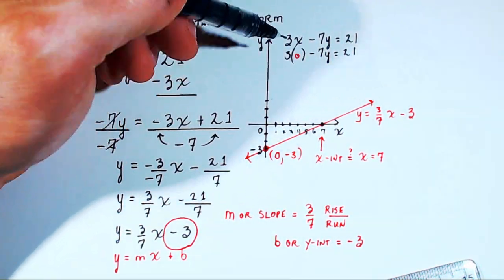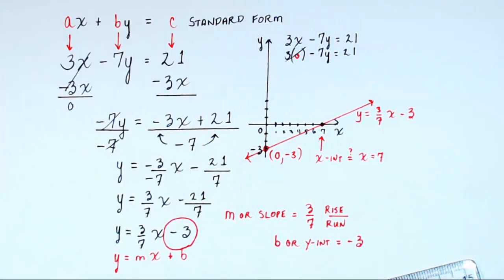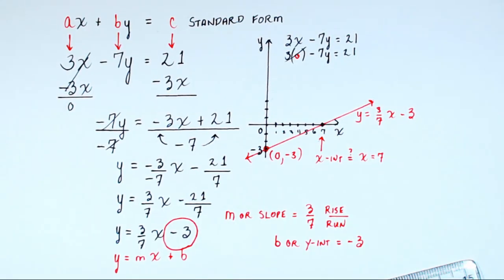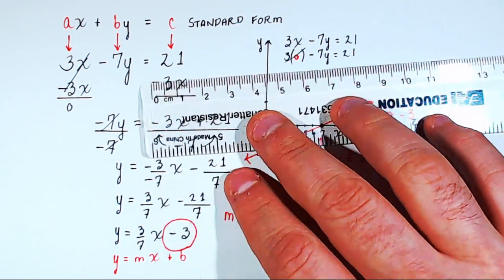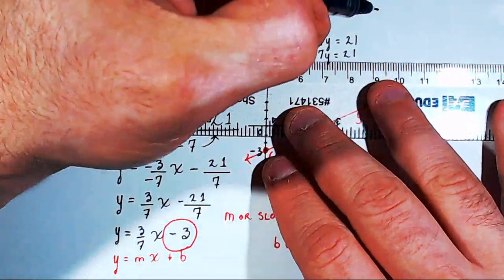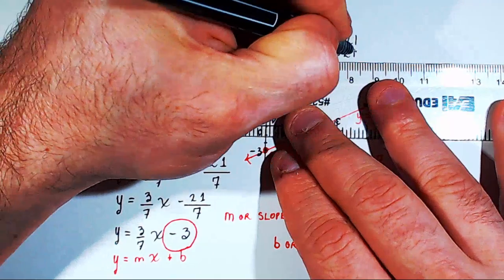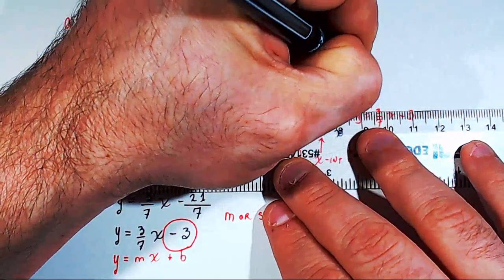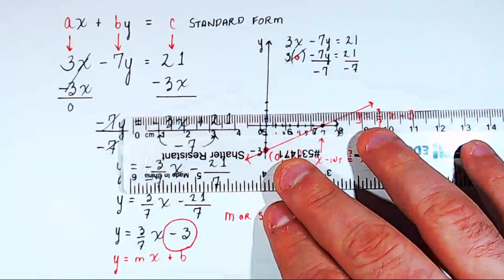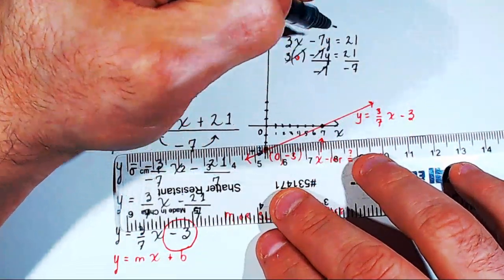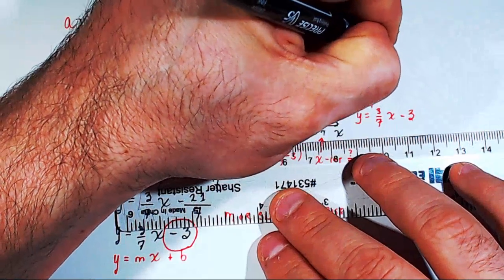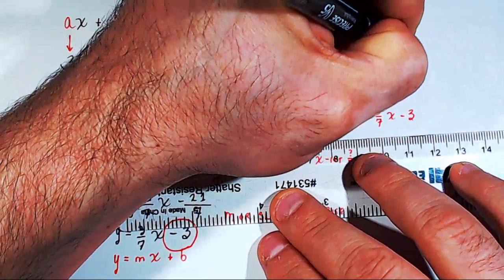Now 3 times 0 is 0. So that cancels out, which leaves us -7y equals 21. Again, we have to get y by itself to find out what y equals when x is 0. So again, divide both sides by -7. The -7's cancel out on the left, and we end up with y equals -21/7.